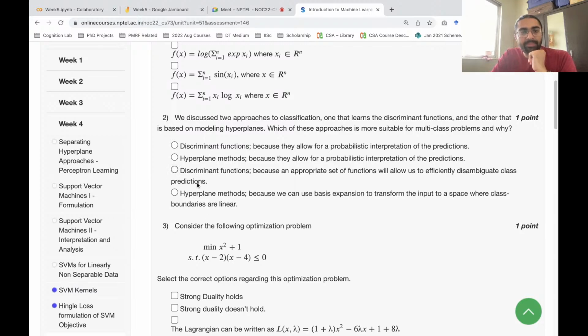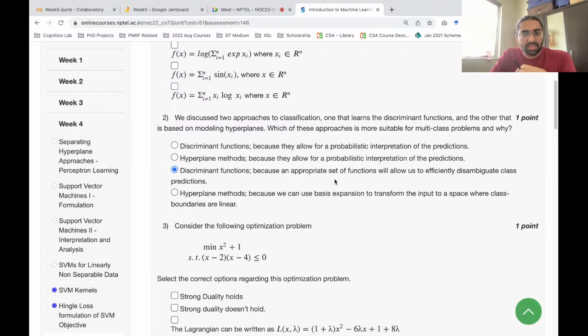The fourth one tells you that we can use a basis expansion for transformation of the input, which is not true, because that is not specific to the hyperplane methods. These are basically your kernel methods, where you can move any input to some other space and then apply a linear classifier in that space.